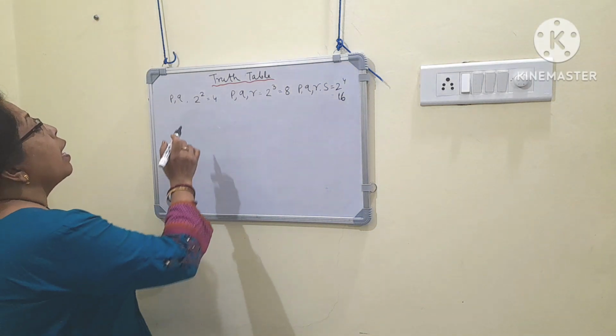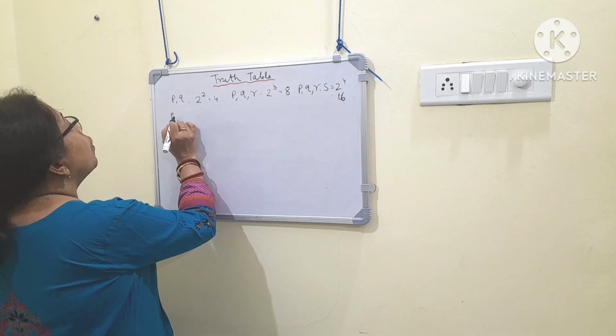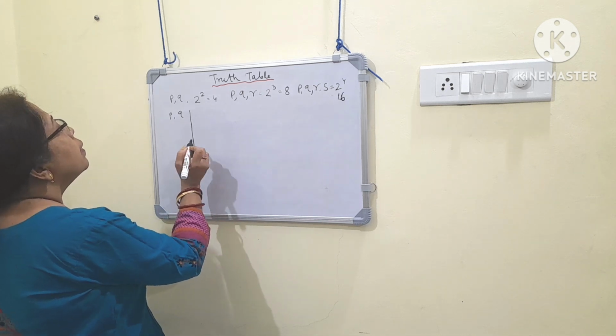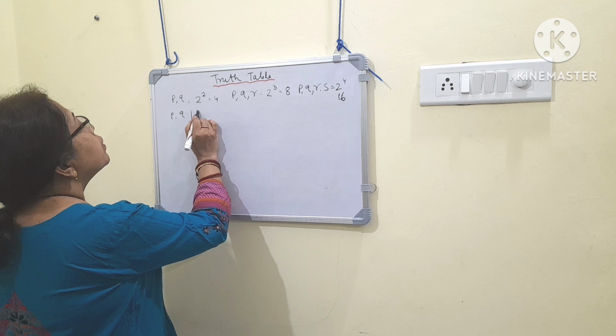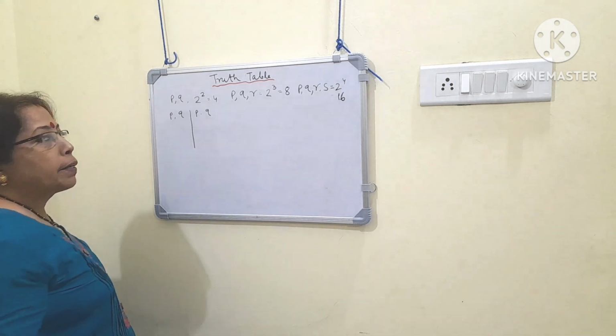So first I am writing the dot sign. When you are given two variables, how do you construct the truth table of the dot sign?